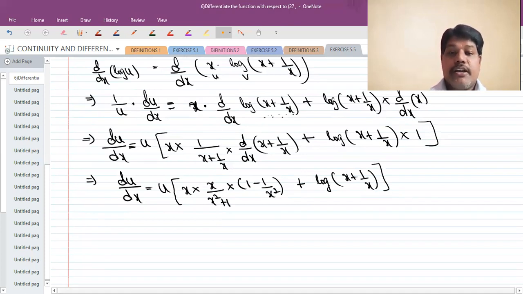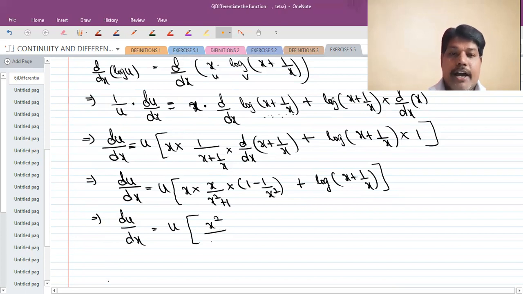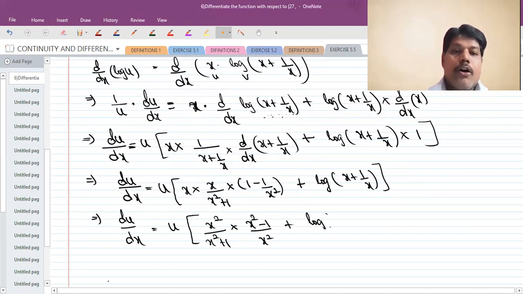That implies du by dx is equal to u into x square by x square plus 1 into, taking the LCM, x square once again, x square minus 1 by x square plus log of x plus 1 by x, plus 1 by x. See that, students.